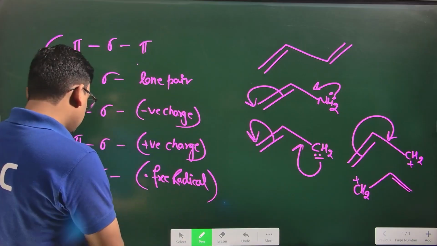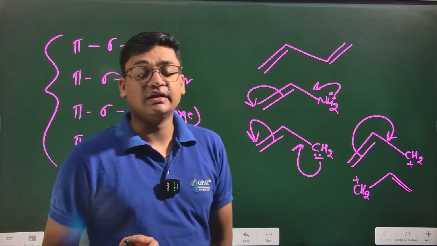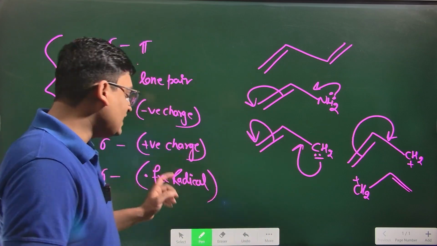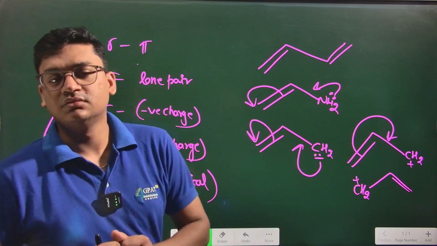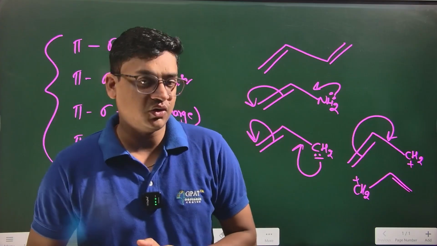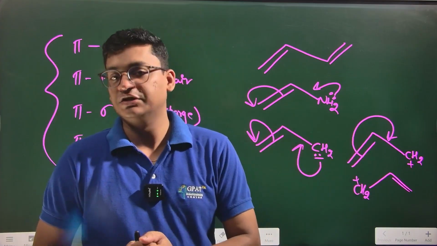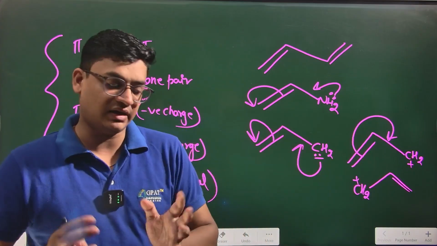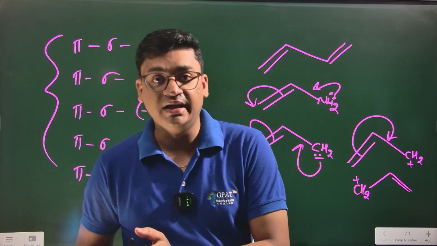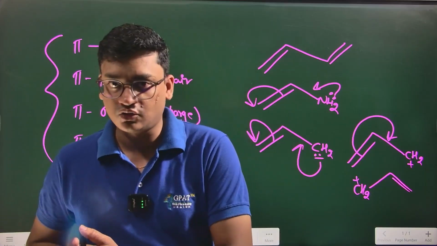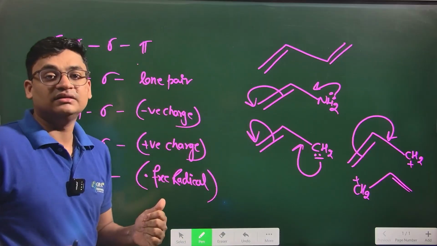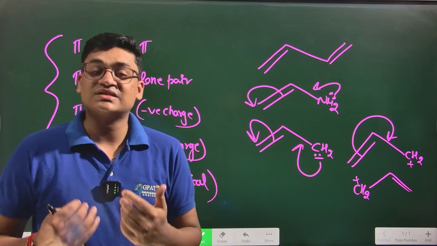Next, what do we have? Pi, sigma, free radical. The case of free radical is a little bit different, and free radicals are not a case for conjugation in aromatic compounds, since the next condition for a compound to express its aromatic character is Hückel's rule, that is the 4n plus 2 pi electron rule, or 4n pi electron rule for anti-aromatic. Now, a free radical is an odd electron, a single electron.